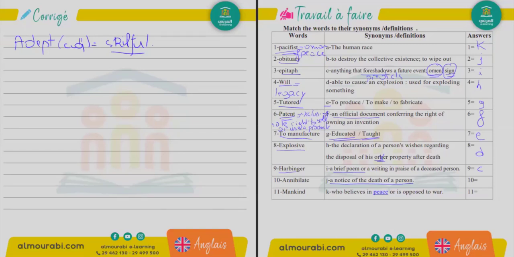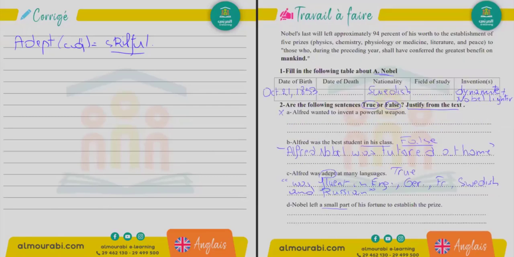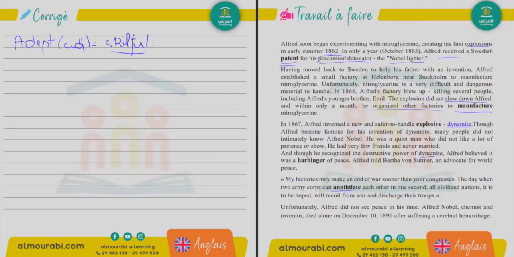B. To destroy the collective existence, or to wipe out. Wipe out or destroy the existence of whom? Annihilation of the human species. They will stop from doing that if, as I said, the superpowers are balanced. Okay, great.